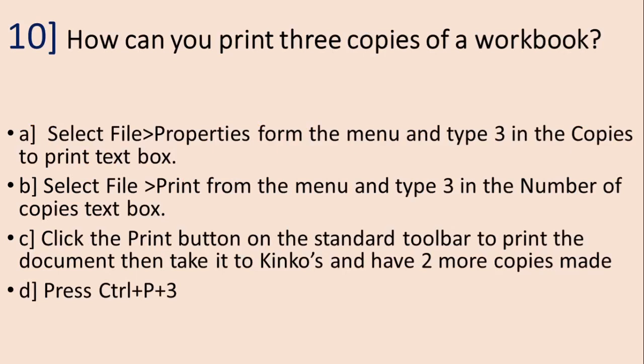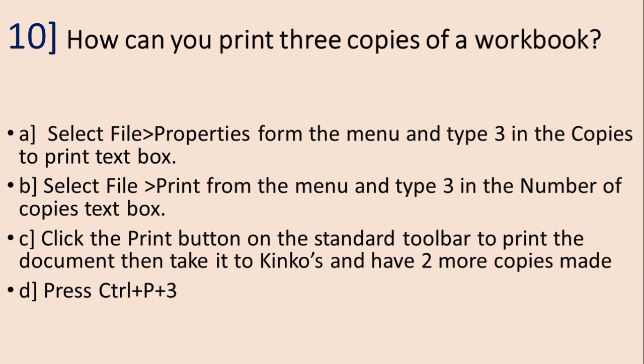Question number 10. How can you print 3 copies of a workbook? Your options are option A, select File, then Properties from the menu and type 3 in the copies to print text box. Option B, select File, then Print from the menu and type 3 in the number of copies text box.